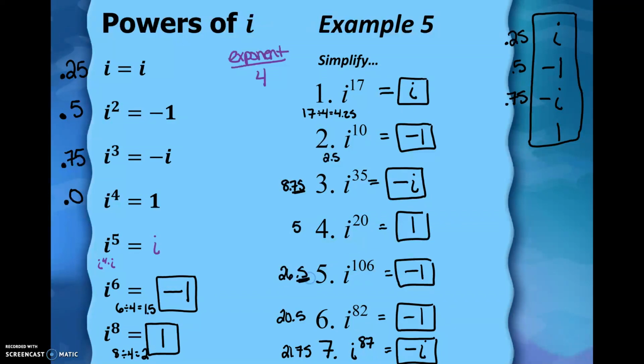The 0.5 tells us that it simplifies to -1. In number 6, 82 divided by 4 is 20.5. The 0.5 tells us that it simplifies to -1. And number 7, the one that we added, 87 divided by 4 is 21.75, and that 0.75 tells us that it simplifies to -i.